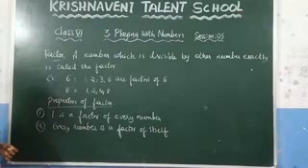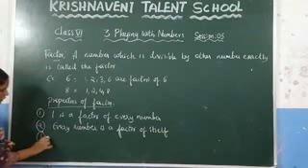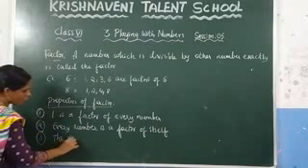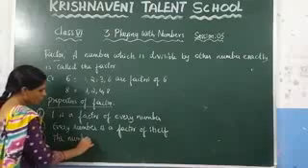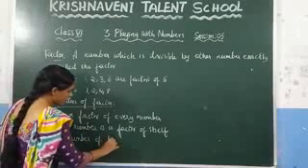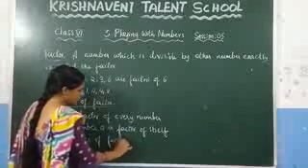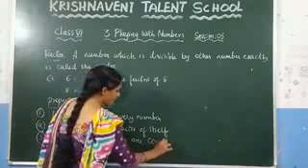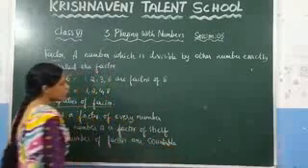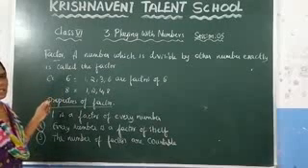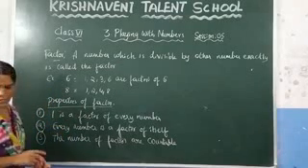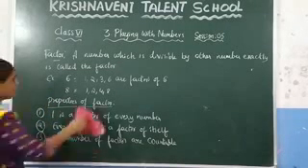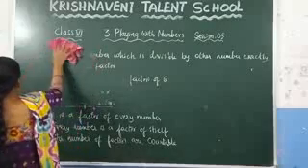And after that, we discussed that the number of factors is countable. That means we can count the number of factors if you are given a number. So write it: the number of factors is countable. And a factor is always less than or equal to the given number. This one we discussed. And after that, write the definition of the prime number and the composite number.